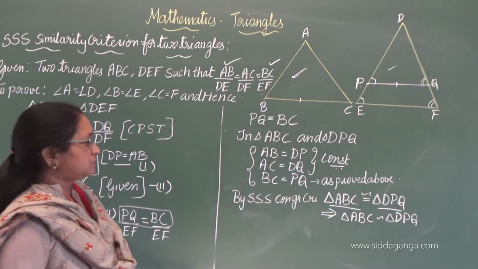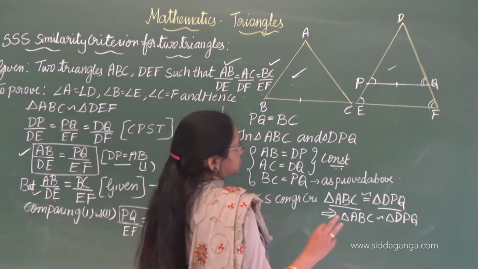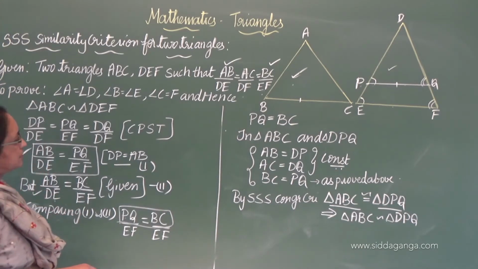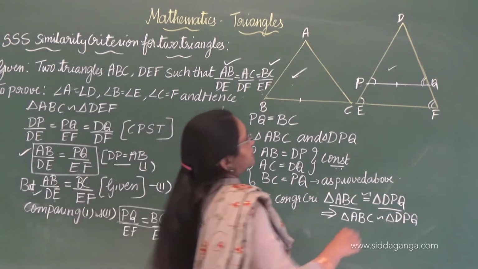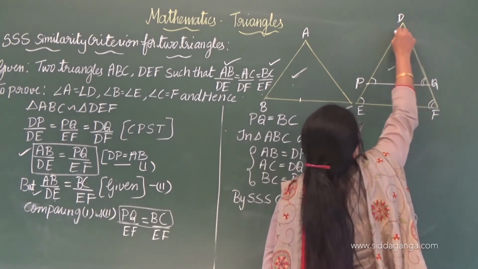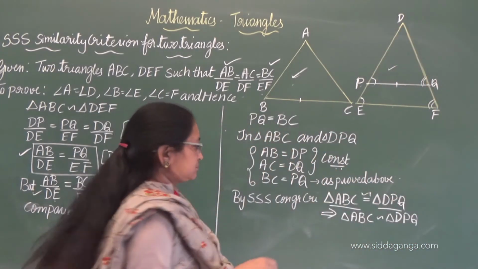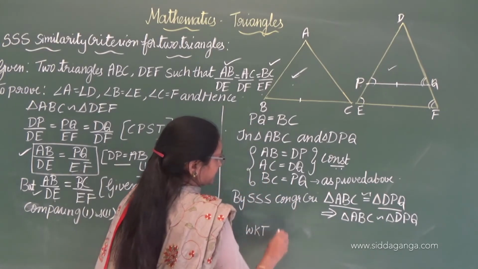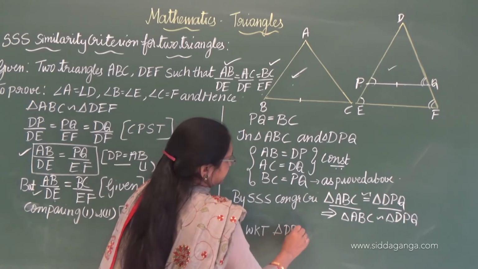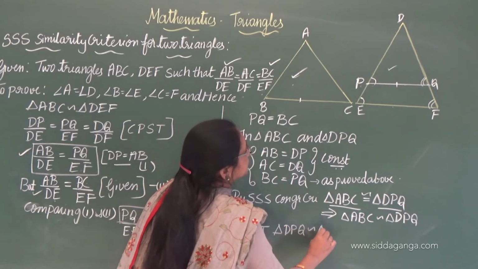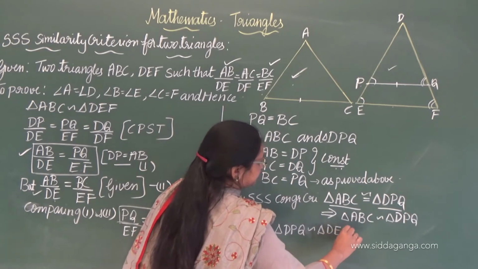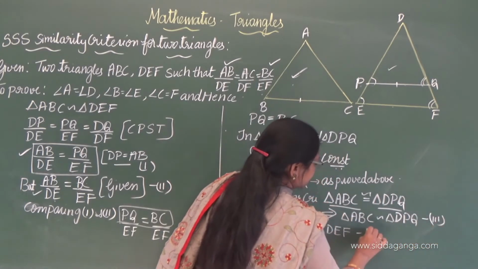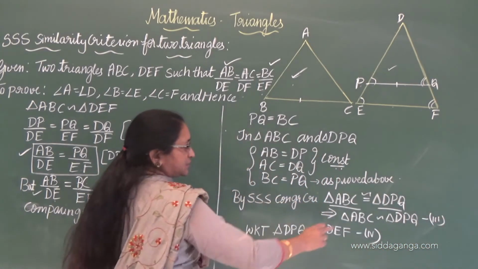Okay. Now, just observe carefully now. So, already in the beginning we proved that DPQ and DEF are similar already. So, we know that triangle DPQ is similar to triangle DEF, correct? Now, just observe carefully this one, third one and fourth one. Observe third and fourth.